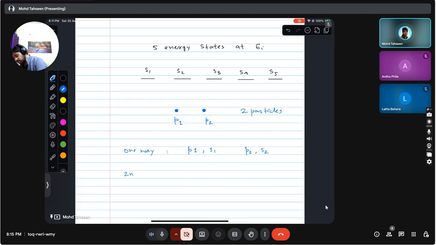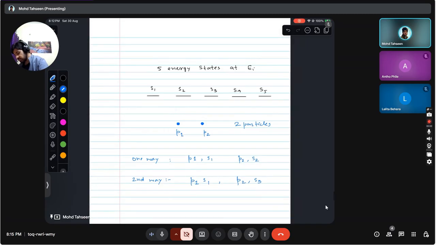The second way would be, let's say, P1 S1 and P2 S3, and similarly we can populate all the number of ways in which we can arrange this, right?